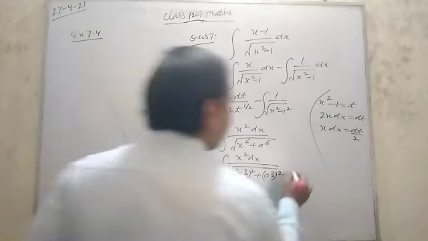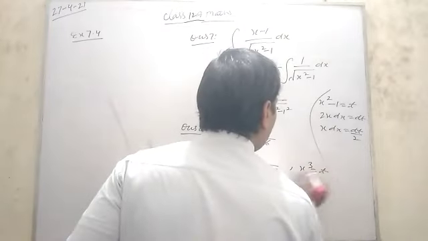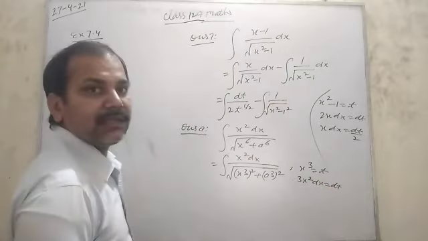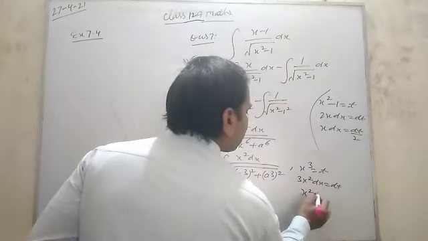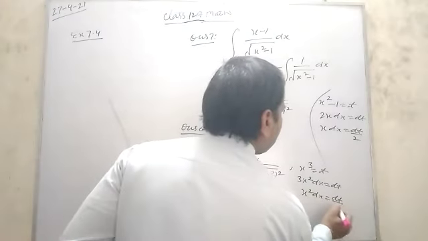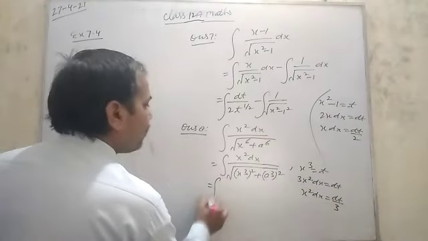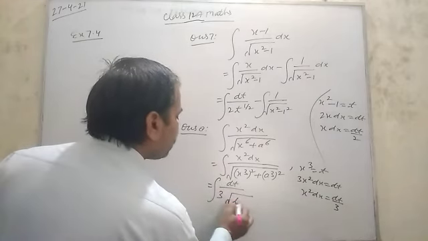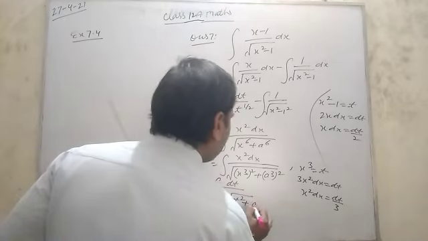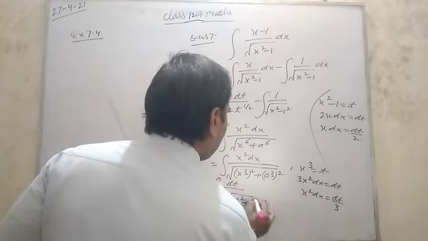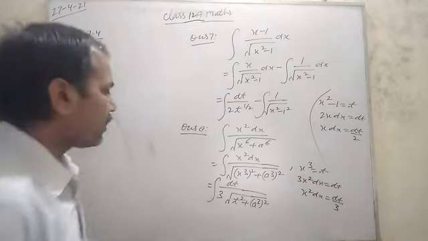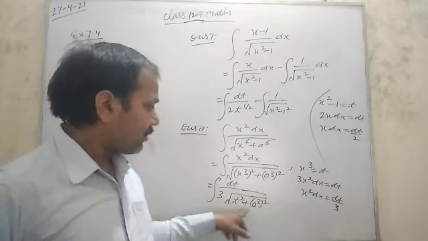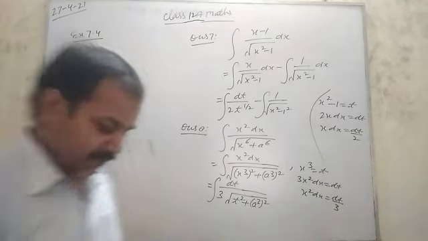So x cube suppose t. Okay. So there differentiation, 3x square dx is equal to dt. Okay. So x square dx is equal to dt by 3. Put here. So this dt by 3 under root this t square plus this, suppose capital A. So t square plus a square, apply formula.